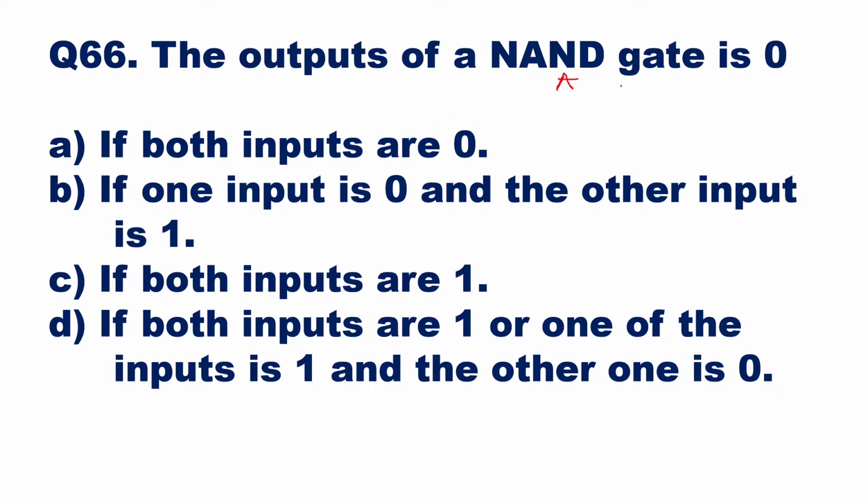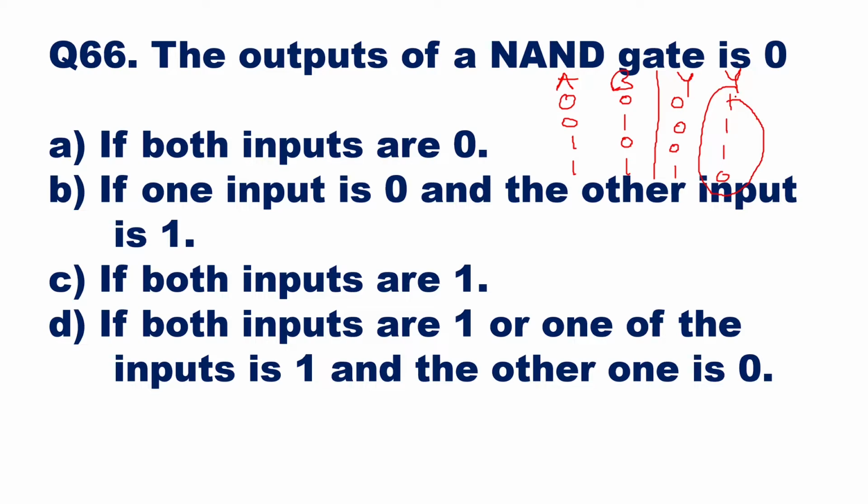If the inputs are A, B and the output is Y, then for the AND gate, only when both the inputs are high will the output be high. So this output will be 0, 0, 0, and 1. Then the NAND gate will be just the complement of this: 1, 1, 1, 0. So this is the output for the NAND gate.